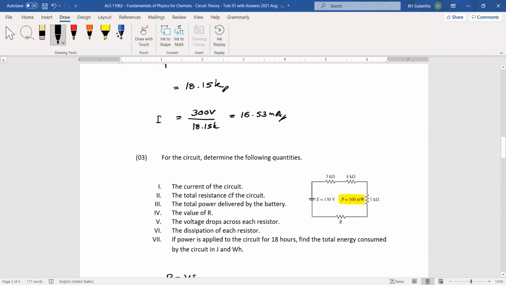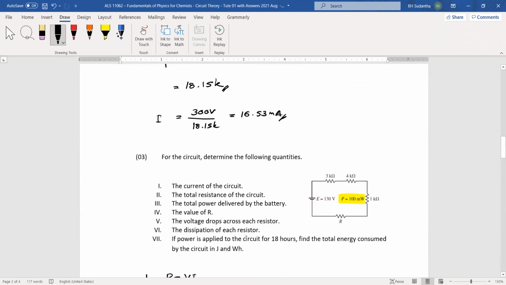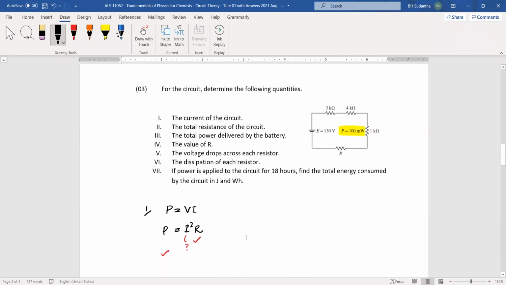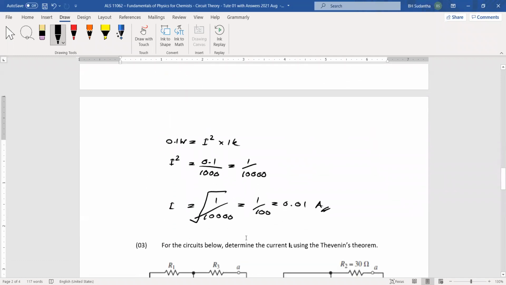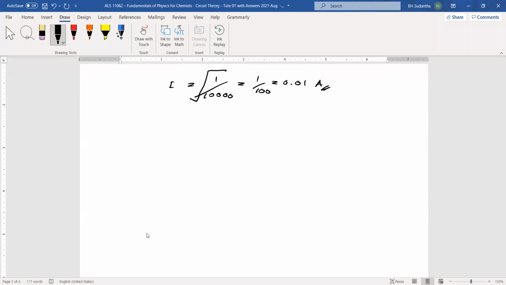Okay. The current of the circuit, the first one. The second one, the total resistance of the circuit. You know the current now. Okay. Second, you can find voltage is 130 volts equals 0.1 into RT.